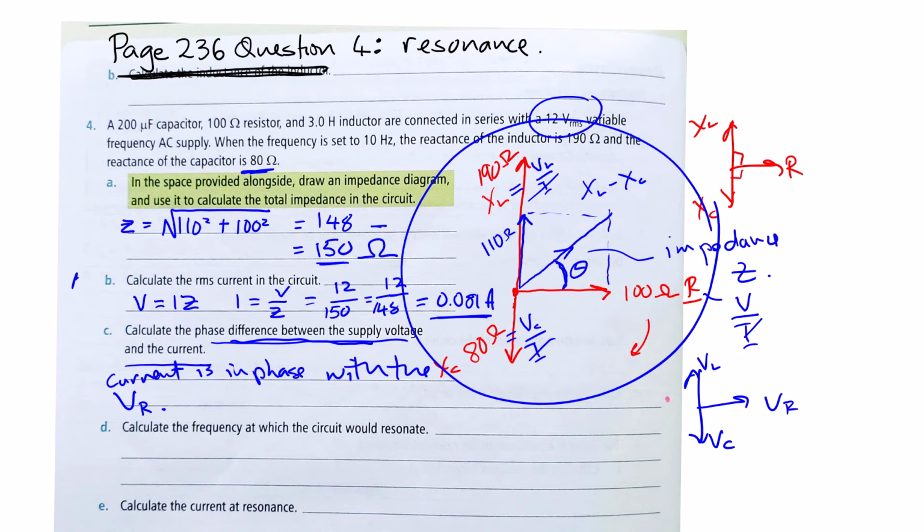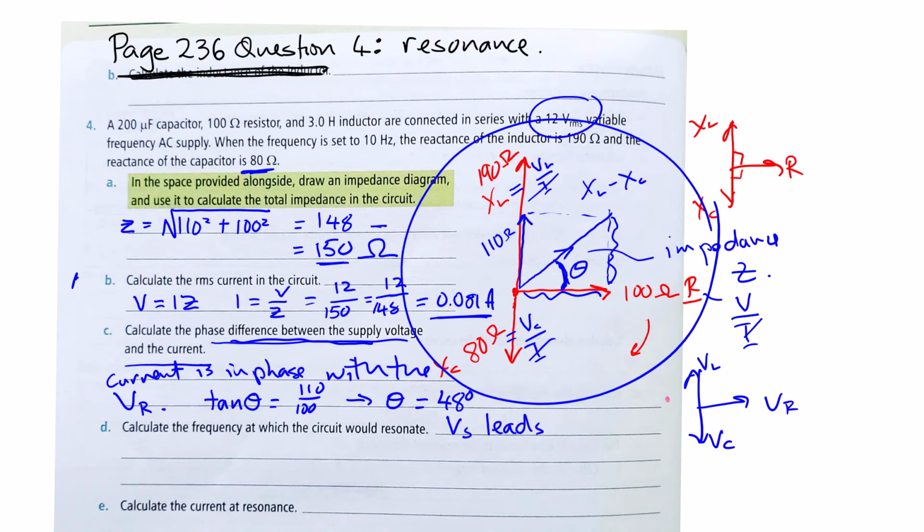We can say, therefore, tangent of theta is equal to 110 over 100, which gives us theta is equal to 48 degrees.